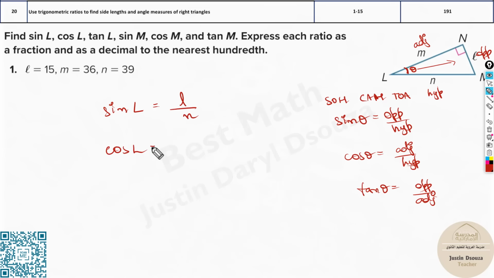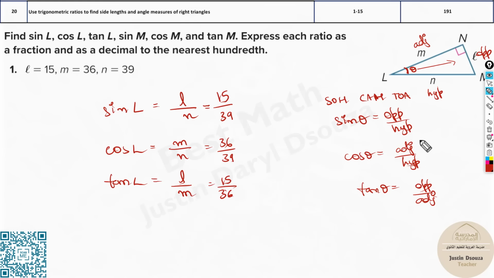Cosine L will be equal to adjacent, that is M, by N. And lastly, tan L will be equal to opposite, that is L by M. Now you just substitute the values here. What is L? It is 15 by N is 39. Here we have 36 by 39. And lastly, we have 15 by 36.